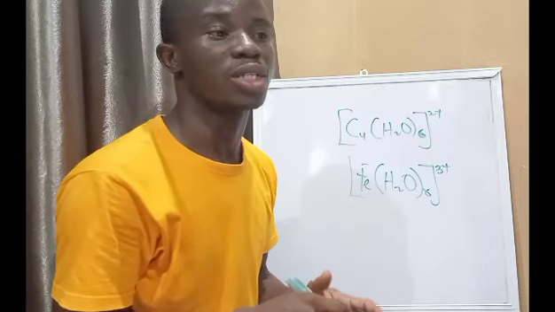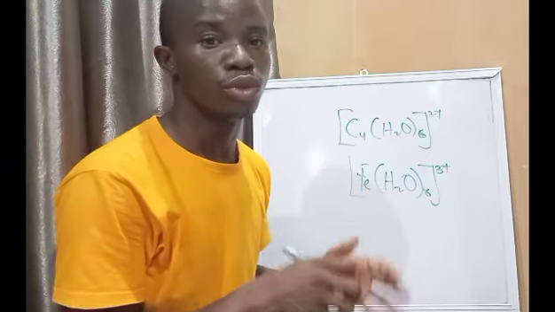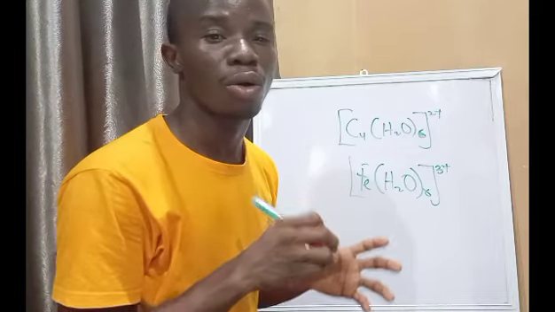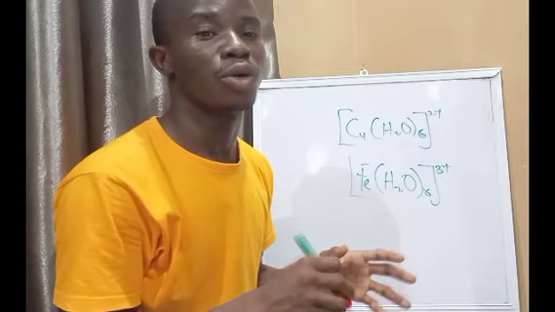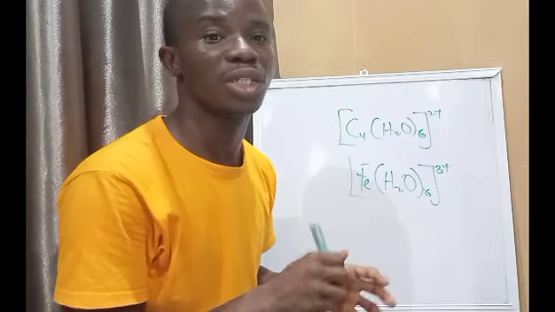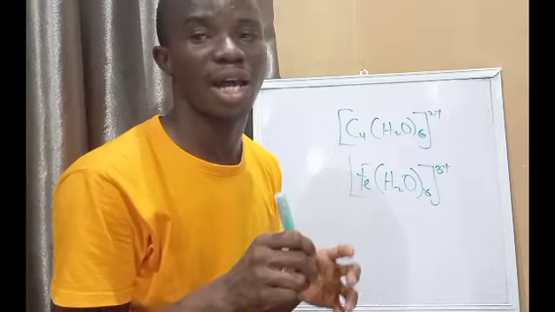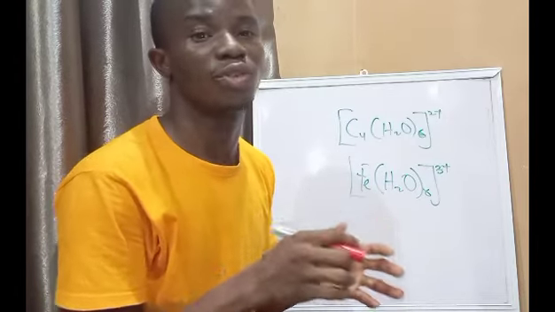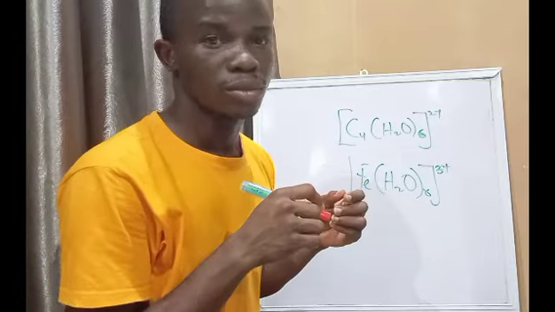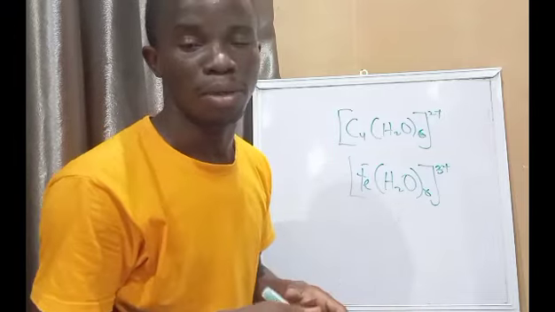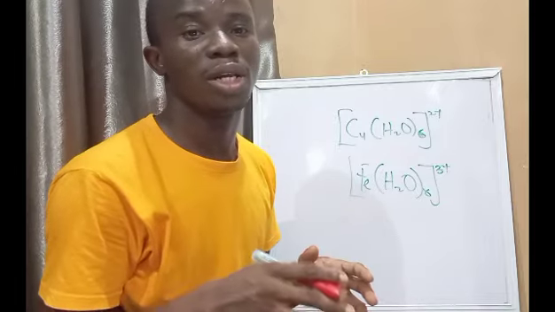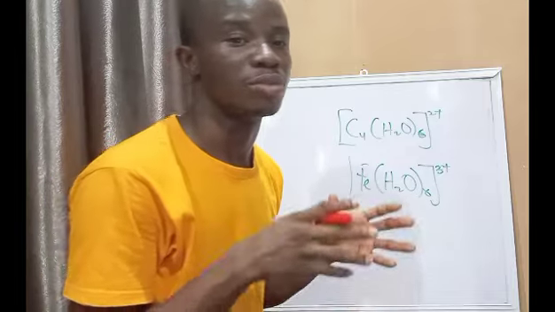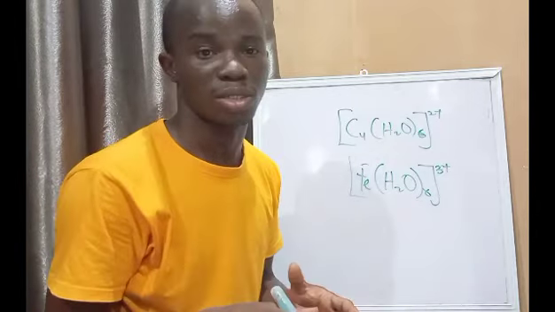So in this video, like I said, we want to look at how to use different spectroscopic techniques to analyze metal complexes. Majorly, we are going to be looking at complexes which are coordinated to organic ligands, because metal complexes involving organic ligands have several applications in medicine and also in pharmaceuticals.